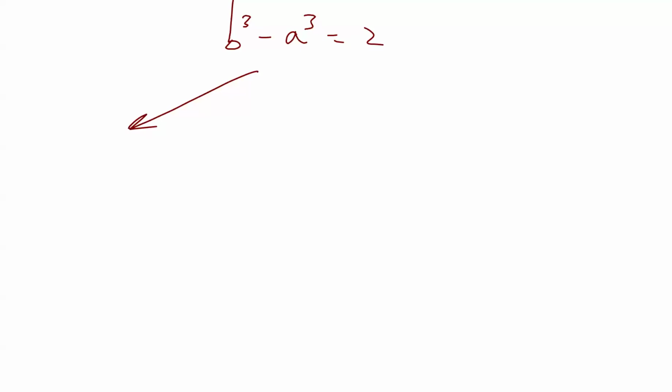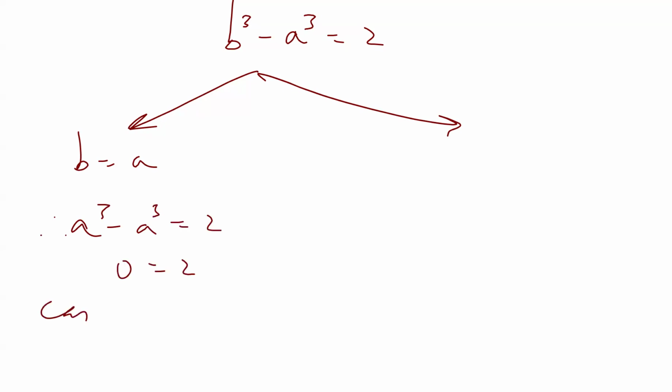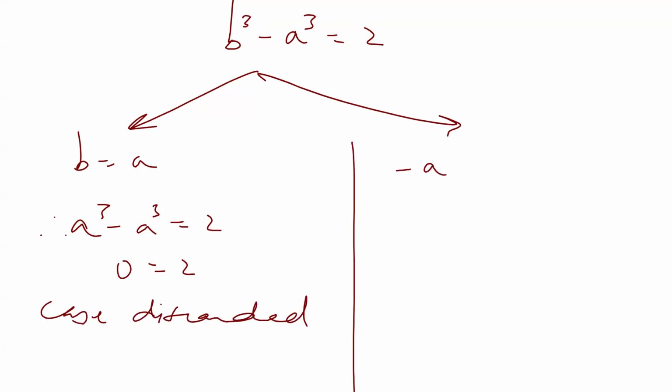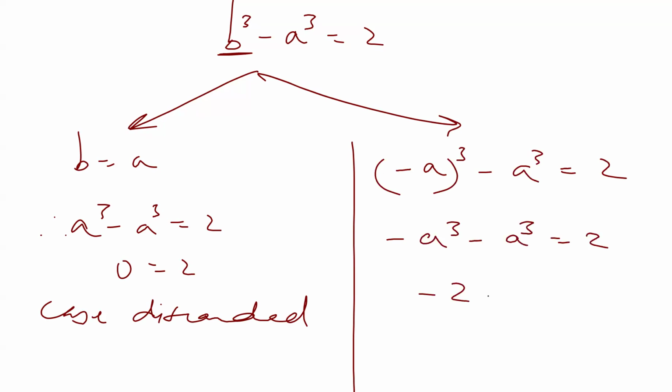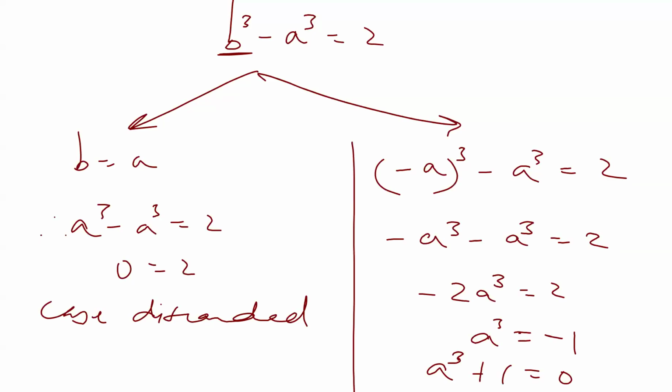Therefore a cube minus a cube is equal to 2, 0 is equal to 2. Case discarded. And if b is equal to minus a, then a cube is equal to minus 1. So a cube plus 1 is equal to 0. a cube plus 1 cube.